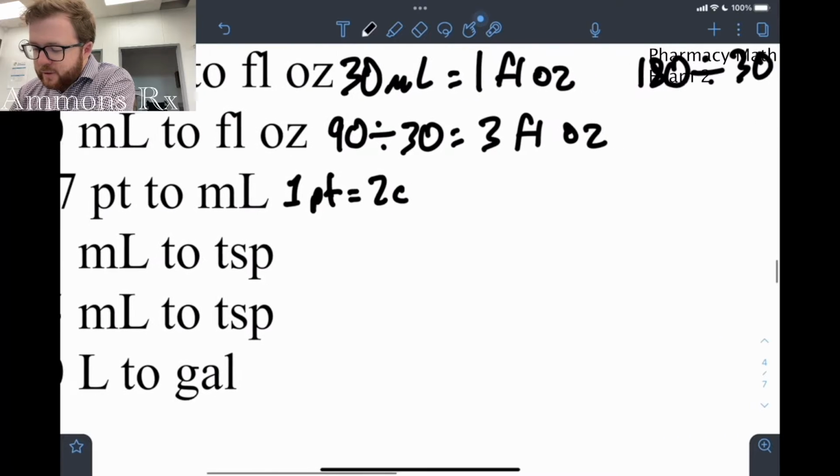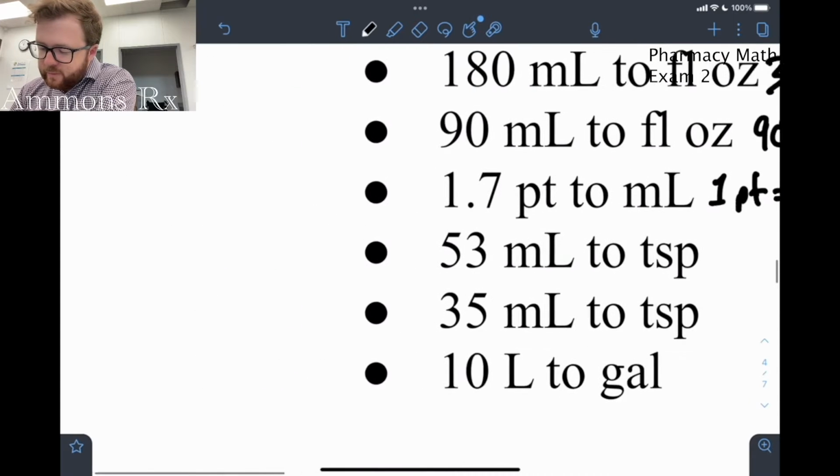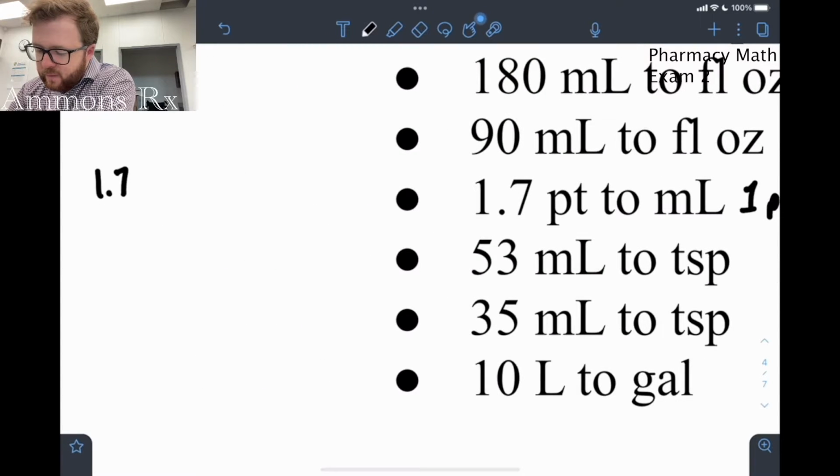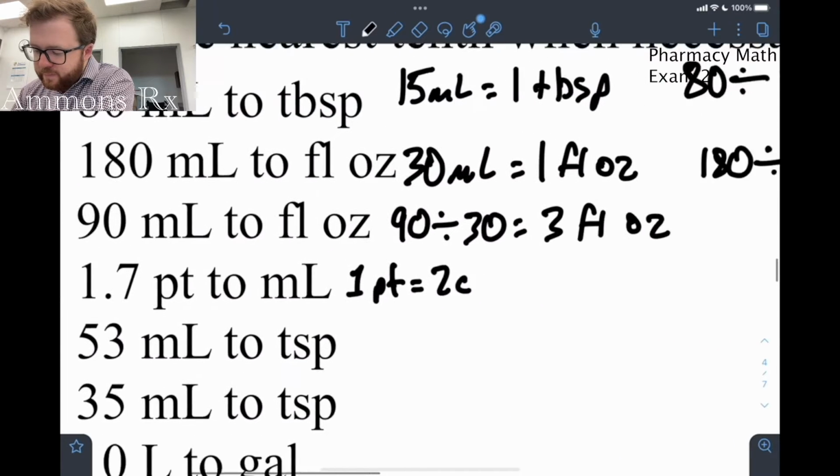So 1.7 pints, we just need to do 1.7 times 2. So right now we're at 3.4 cups.